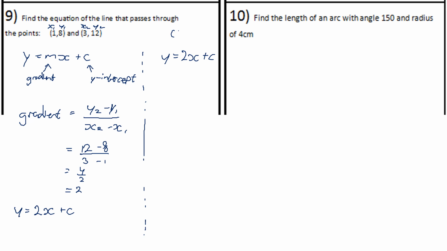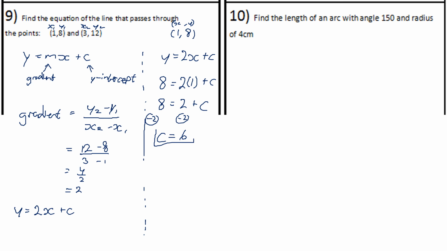I'm going to choose (1, 8). You could use (3, 12) as well, you will get the same answer, but I'm going to use this one. So y is 8, equal to 2 times 1 plus c. 8 is equal to 2 plus c. I need to get c on its own, so I'm going to subtract 2 from both sides to get c is equal to 6.